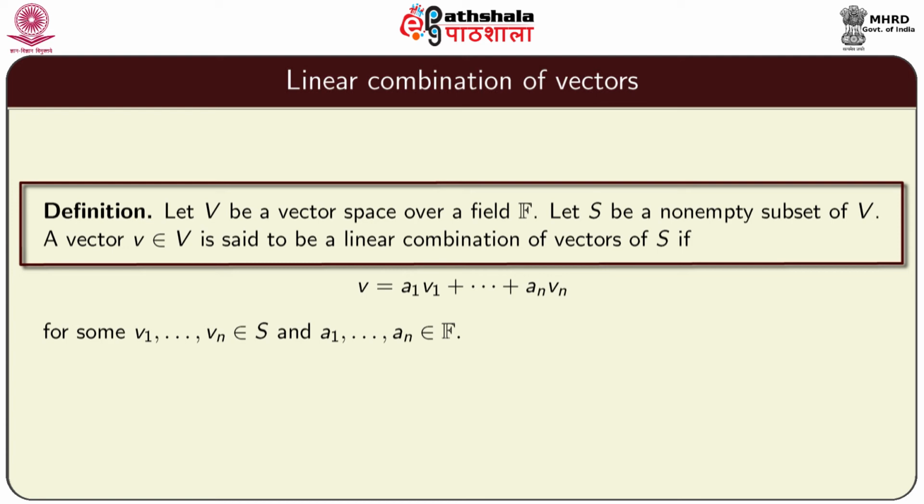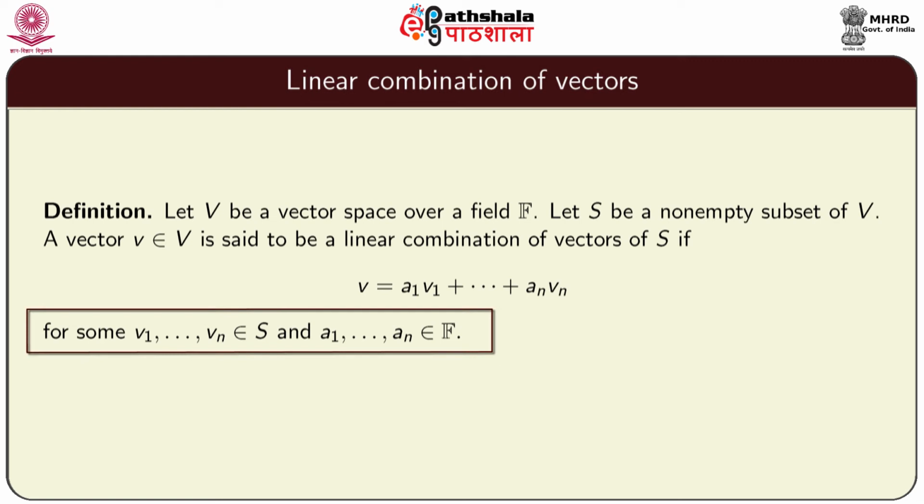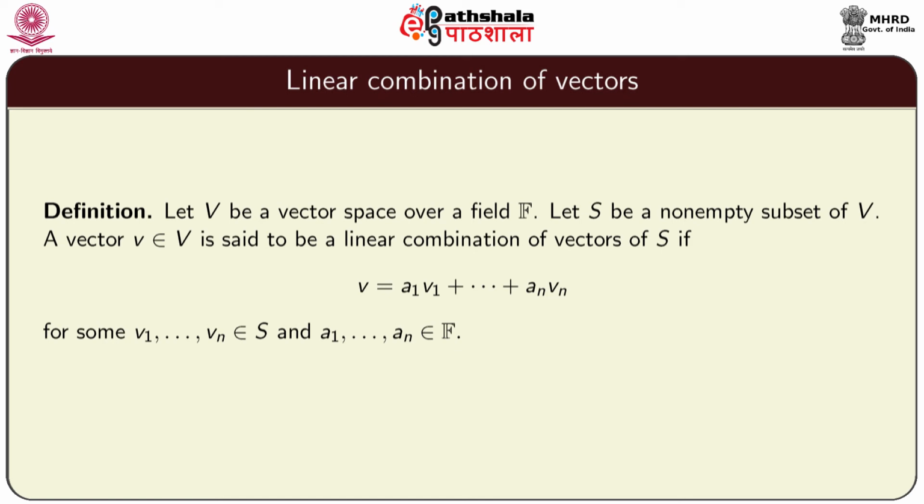Let V be a vector space over a field F and S a non-empty subset of V. A vector small v in the vector space V is said to be a linear combination of vectors of S if v can be written as A1 V1 plus A2 V2 dot dot dot An Vn for some vectors V1, V2, Vn in S and A1, A2, An in the field F. These A1 V1, A2 V2 and An Vn are of course the scalar multiples of the vectors V1, V2, Vn with respect to the scalars A1, A2, An.